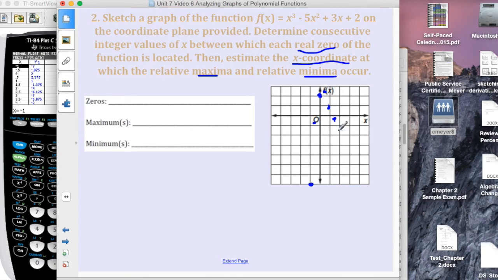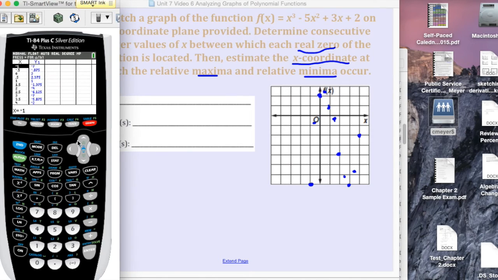I'm just going to keep plotting them. -2, -4, 2.5, -6.125. 3 is -7. 3.5 is -5.875. 4 is -2. And I kind of want to know what 4.5 is, so I'm just going to go here.